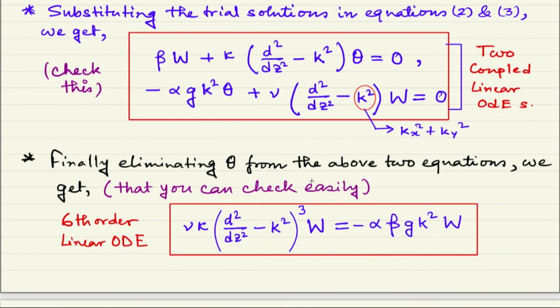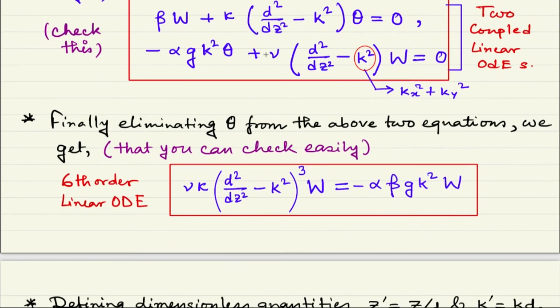Now finally, we can go a bit further. We have two equations for two unknowns. They are of course coupled linear ODEs of second order, so we also need two boundary conditions for each. But one can do one simple thing: eliminate theta, one of the two variables, from this system.